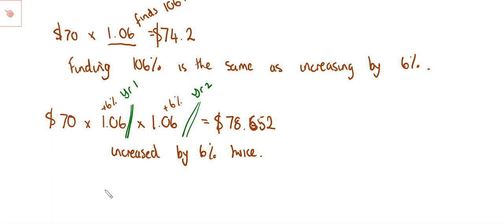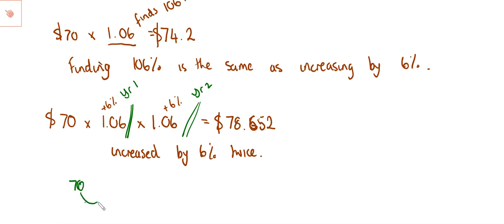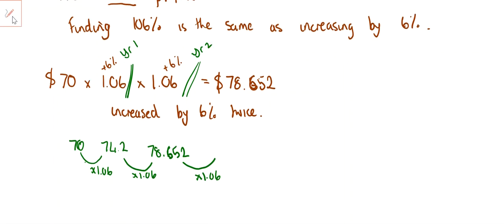So if I did 70 times 1.06, I get the answer of 74.2. If I times by 1.06 again, I get the answer 78.652.